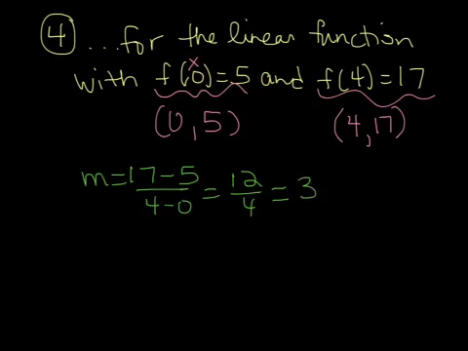By the way, I think I said the wrong number there, so don't let that fool you. So my slope is 3, and my y-intercept, once again, they give it to me. It is going to be a y-intercept of 5. So it's (0, 5), so I get my y-intercept of 5. My answer for this is going to be y = 3x + 5.